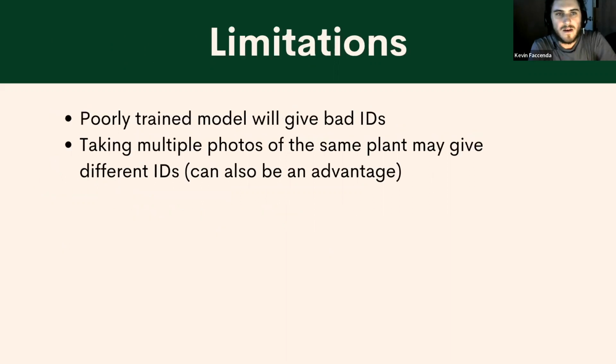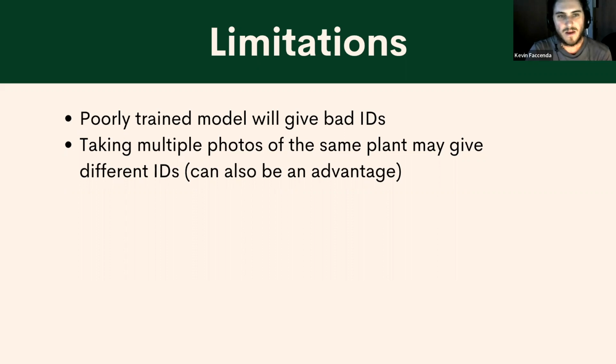Next slide, please. So what are the limitations of these plant apps? A poorly trained model will give bad IDs. If you have a model which has a lot of mislabeled stuff in the training data, a lot of photos which are really bad or which are just the wrong species, then the model won't know what these species actually look like. It's called garbage in, garbage out.